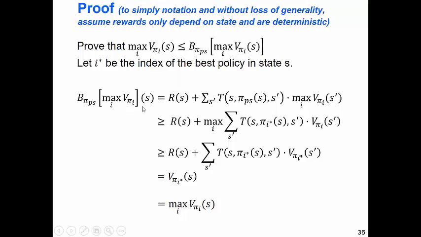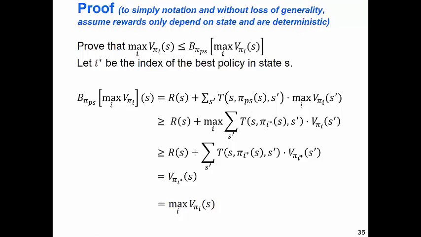So we'll start by writing down this right-hand side for a particular state, and this is just the definition of the backup. And now we can say that this is greater than or equal to this next line. All we've done is replace PS with I star, the index of the best policy that would have been selected in that state.